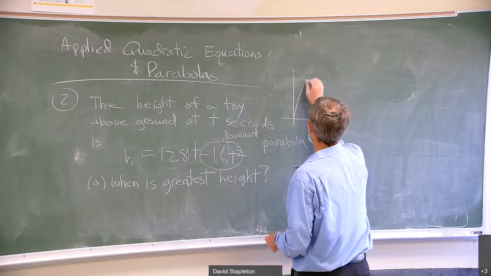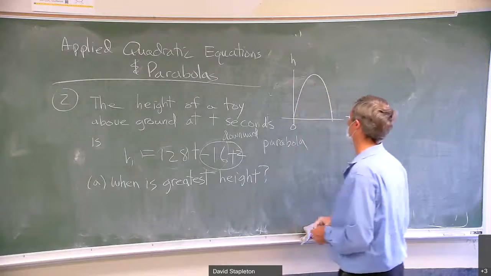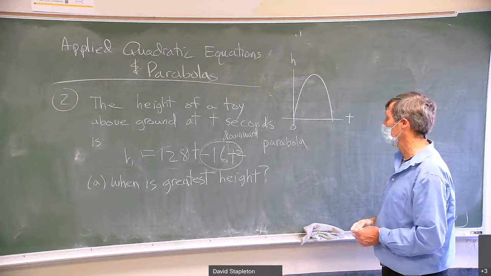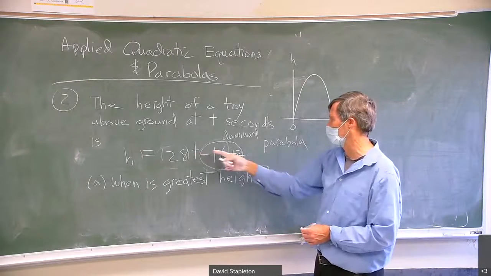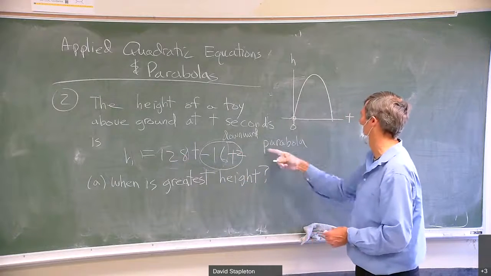The trajectory looks like this. It starts at t equals 0, and h is here, and it makes a downward parabola. One solution is at ground level when t equals 0, because you plug in t equals 0, get 0 plus 0, and h is 0. So it starts at ground level in this problem.